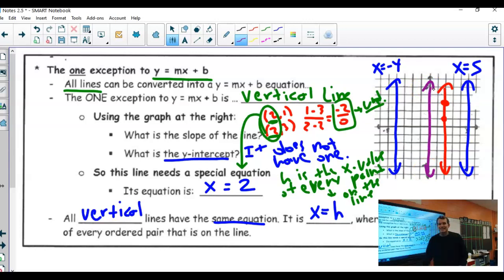But the y-axis actually has an equation for it as well. The equation for that line would be, I'll bet some of you know it, x equals 0. Because every point on the y-axis has an x value of 0. All right, so now you know how to write the equation for a vertical line.